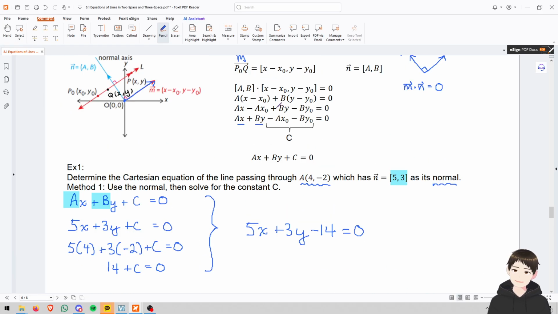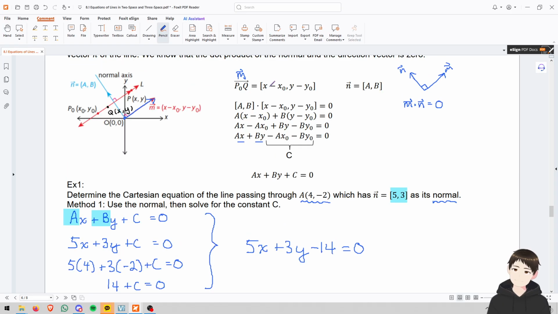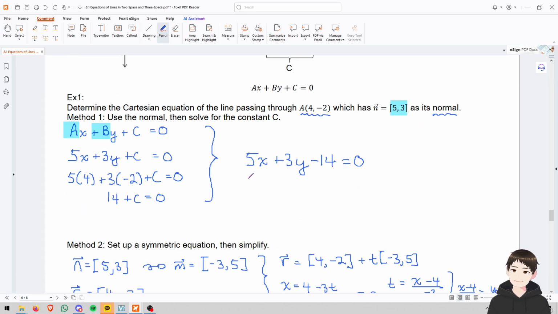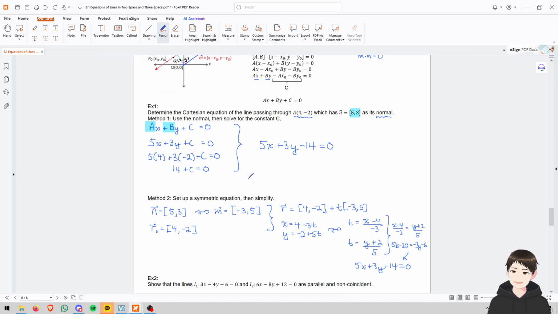Using our dot product, knowing that when I dot product the direction vector and my normal it's going to equal 0, we prove that the coefficients of x and y will always be the normal. It's wild. It's so useful. So consider that as another technique that you have.